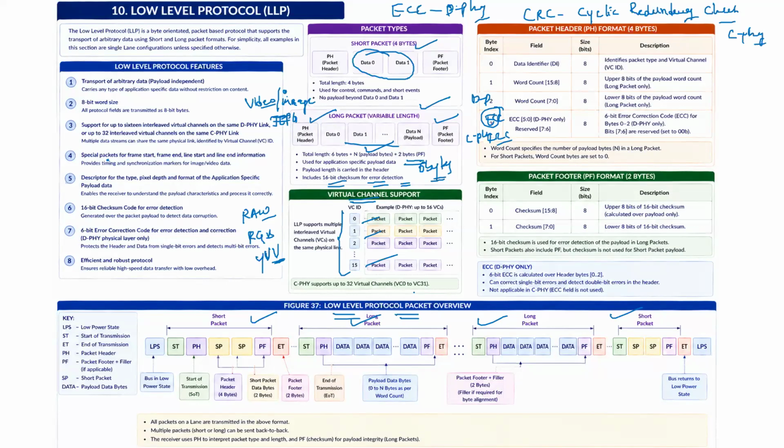Any type of data we are sending. The payload may be either an image or JPG format or data or compressed video. So that is the main usage of this low level protocol layer.